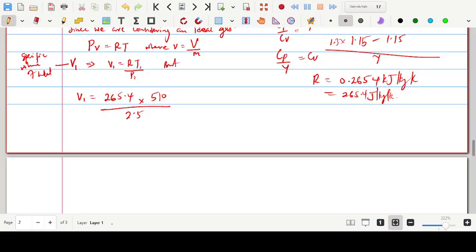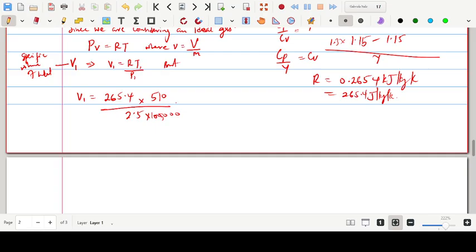Is that taken? We have to take it to Newton per meter square, which is Pascal. They both have the same value. So you multiply this by 100,000.